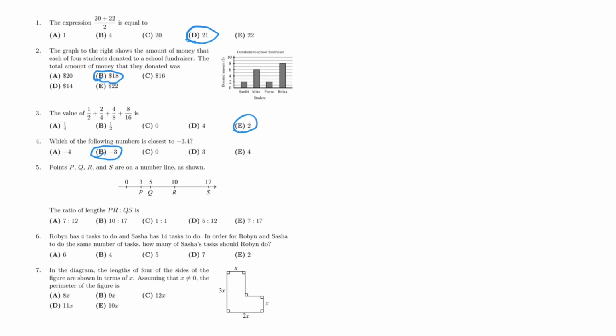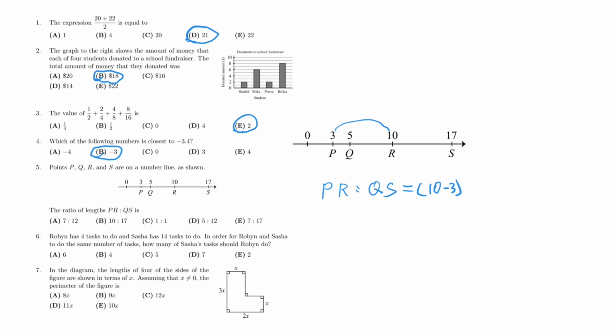Number 5. Points P, Q, R, and S are on a number line as shown. The ratio of lengths PR to QS is... PR is the distance 10 minus 3, and QS is from here to here.